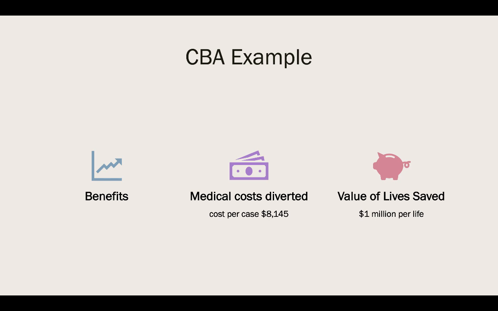And so, how many lives are we saving? For the time being, we'll stamp $1 million per life saved on that. So we've got some benefits, costs diverted. So benefits, we are not incurring $8,000 per case of infection, and then we're saving X number of lives at $1 million per life.